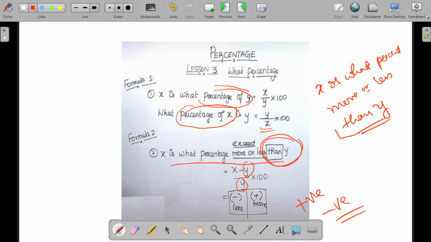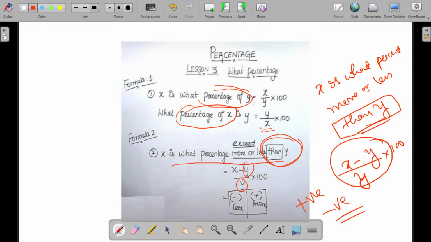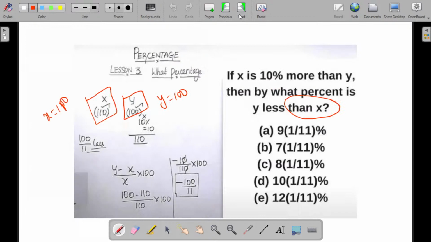So less than y means y comes in the denominator: (x minus y) by y into 100. Similarly here, by what percentage is y less than x?